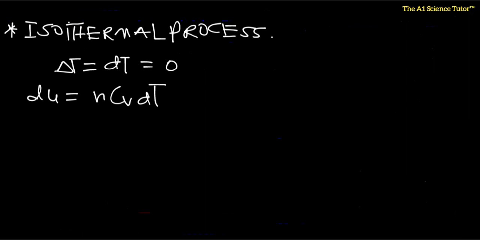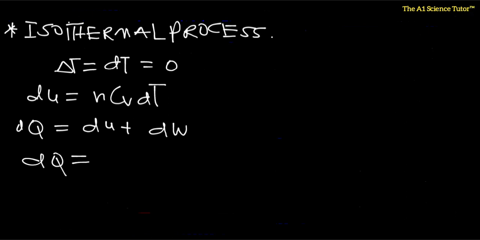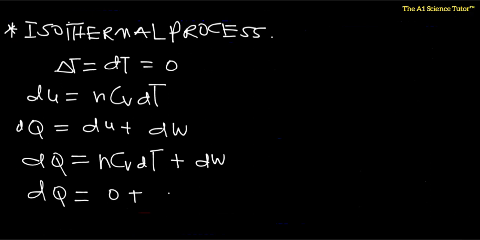Now we know that dQ is equal to dU plus dW. So dQ is equal to nCv dT plus dW. We know that dT should be equal to 0, so dQ is going to be equal to 0 plus dW.